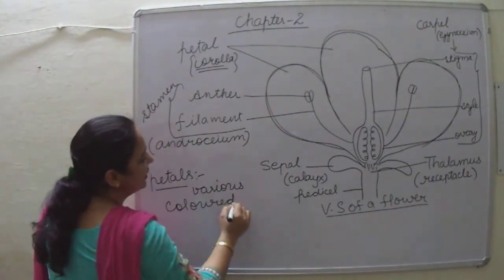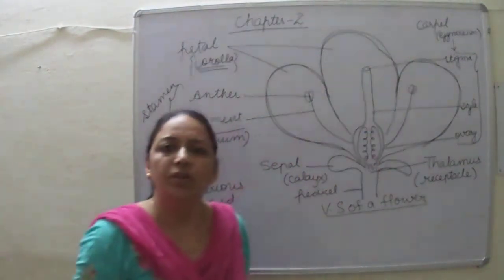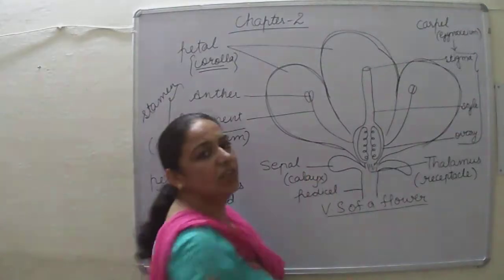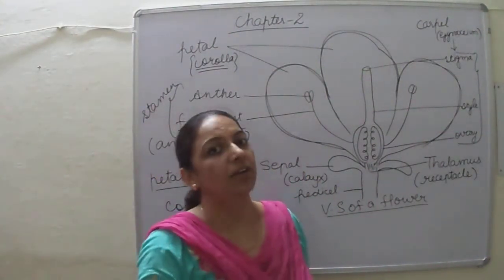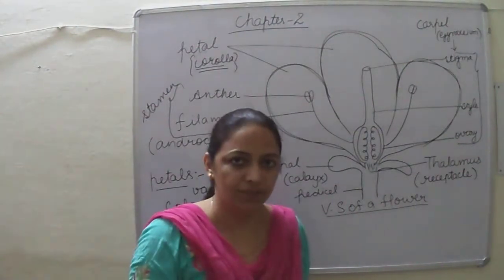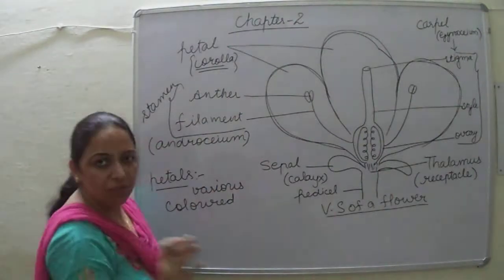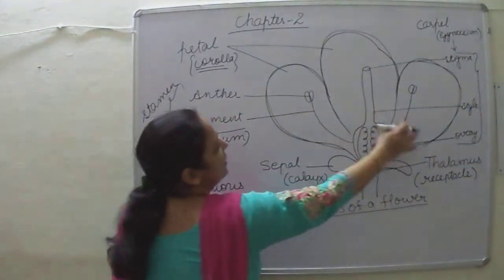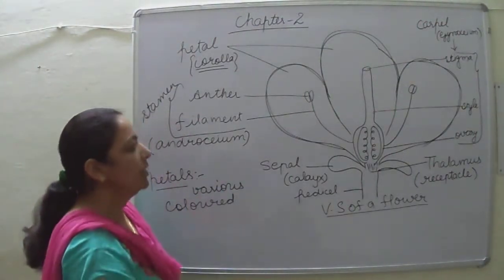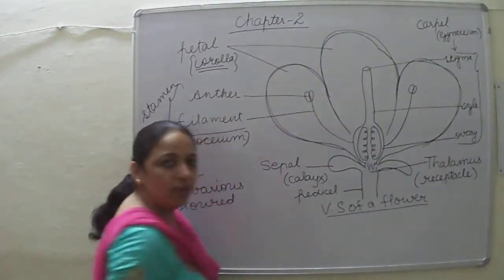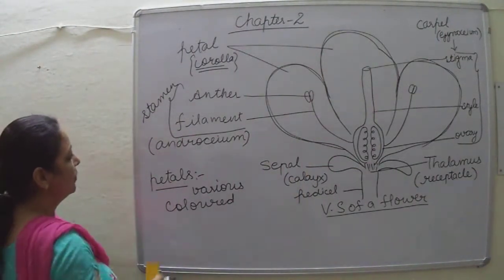Why are they of various colors? Because they attract insects for pollination, and in some flowers they also give a very sweet smell to make the flower attractive for bees. It means they help in pollination. After fertilization, these petals and sepals wither away, meaning they fall down. Sometimes the sepals may persist on the fruit.